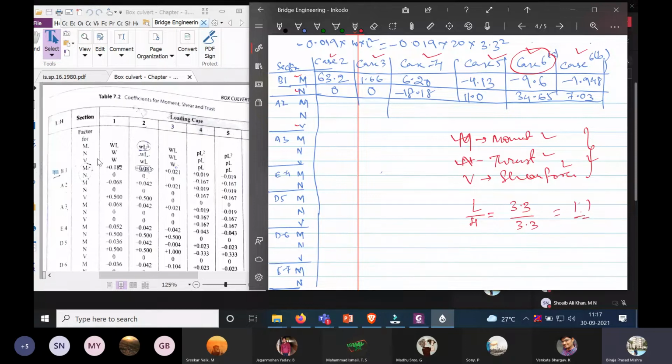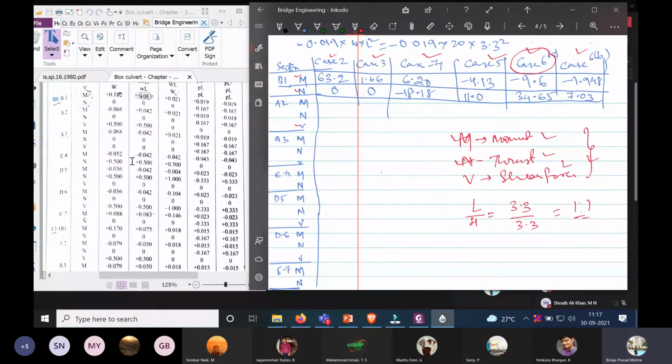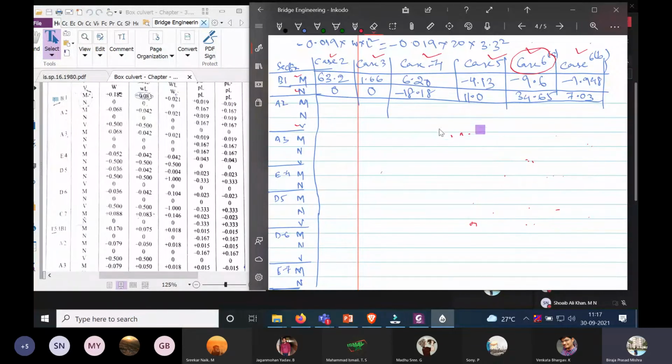That's why we need to consider all these coefficients for the sections B1, A2, A3, E4, D5, D6 and C7. I hope that part is clear to you. So let me remove everything and let us see how these values came. I taught these values in the offline class yesterday. So how have these values come?